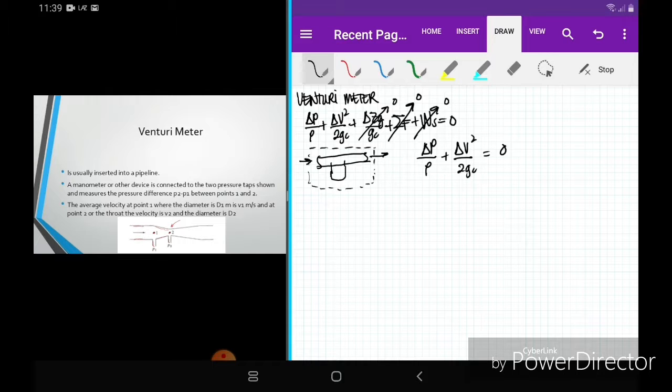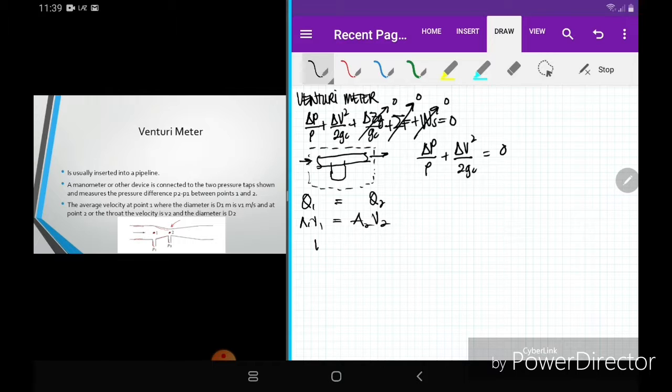Also, since ito ay flow, so meron kang Q sub 1 at saka Q sub 2. Ang assumption dito, equivalent sila. So, therefore, we have A sub 1 V sub 1 is equivalent to A sub 2 V sub 2. Tama ba? Okay.